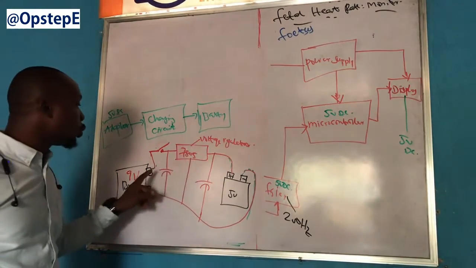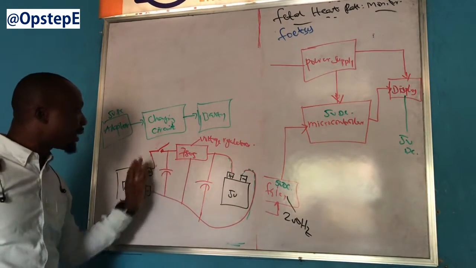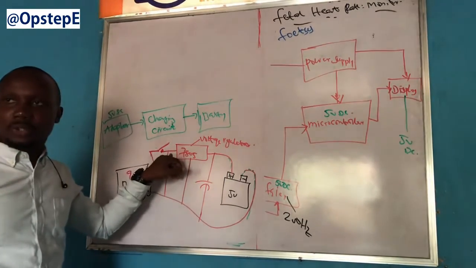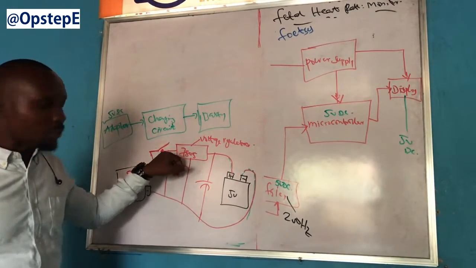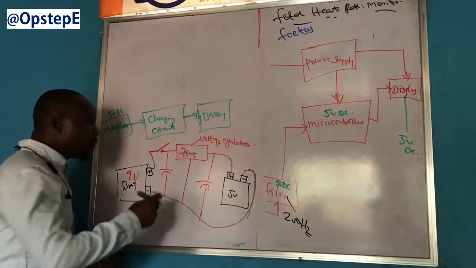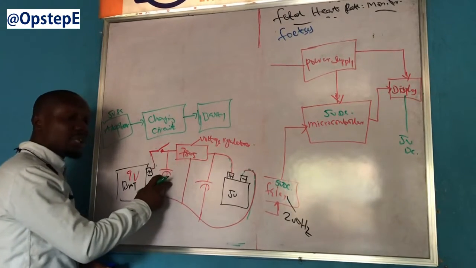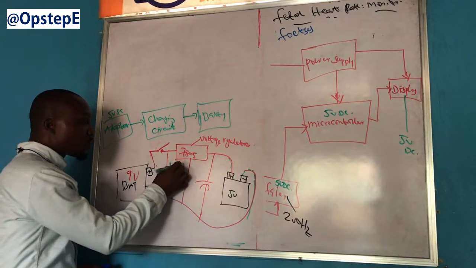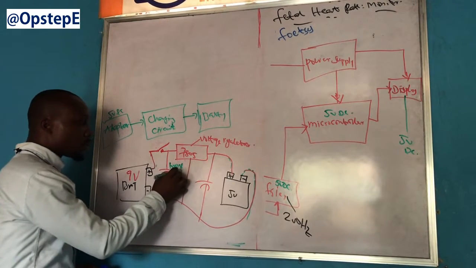So what we do is use this capacitor to filter that spike off before it gets into the input of the voltage regulator. That's one. The value of the electrolytic capacitor you're going to use here is going to be 1000 microfarad, 25 volts.